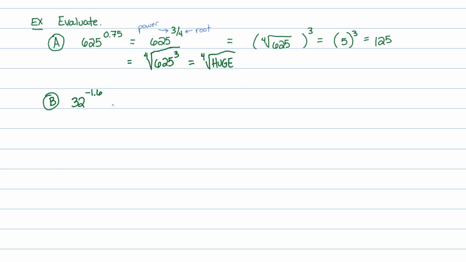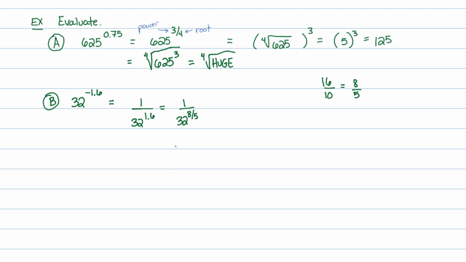Let's try this. 32 raised to the negative 1.6 power. First thing I'm going to do is rip the negative off that exponent so that 32 will drop downstairs and the power will now be positive. And then I take note that 1.6 is the same thing as 16 tenths, right? Because the last digit there is in the tenths place. And I can reduce that fraction, divide both top and bottom by 2, you get 8 fifths. So this here is just 1 over 32 to the 8 fifths power.